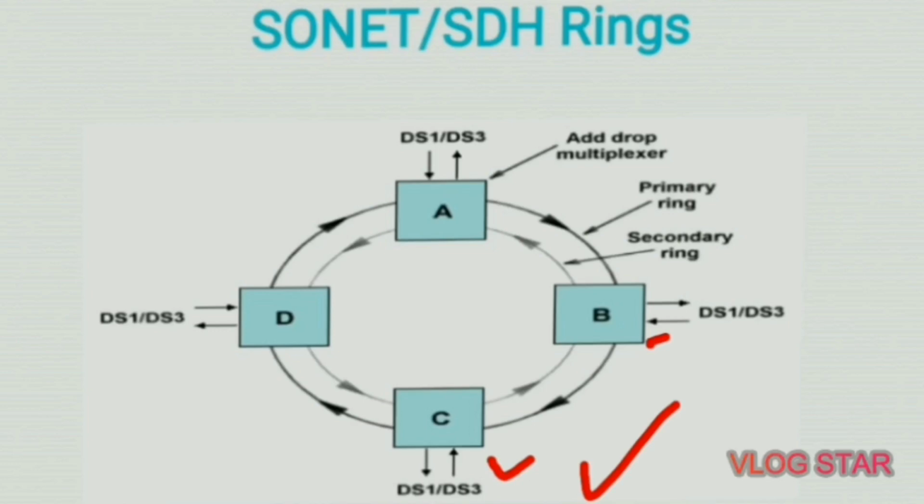Here the signal can travel either in only one direction, called a unidirectional ring, or in both directions, called a bidirectional ring. The switching can be done either by line switching or path switching. When a failure arises, there are two types of rings: first is unidirectional path switching rings, that is UPSR, and bidirectional line switching rings, that is BLSR.